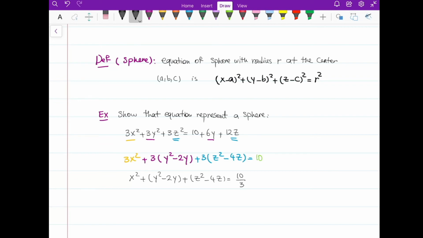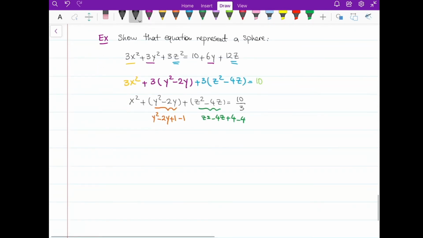I need to make these perfect squares, so for y squared minus 2y, I'm gonna add a 1 and subtract a 1, and for z squared minus 4z, I'm gonna add a 4 and subtract a 4 to make it a perfect square.